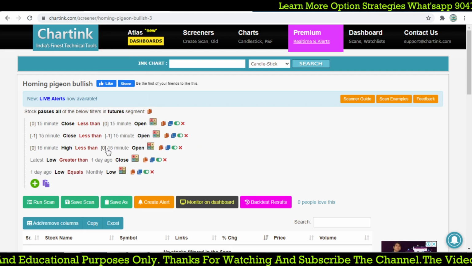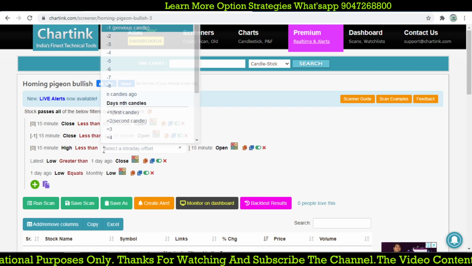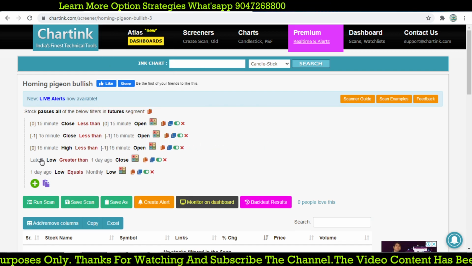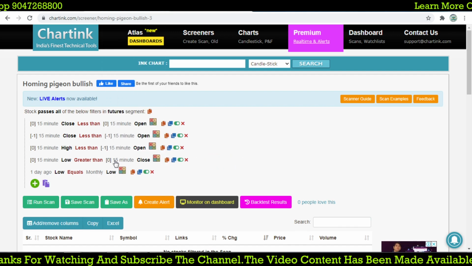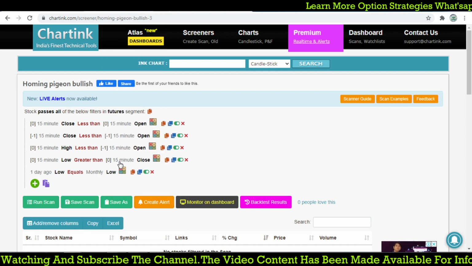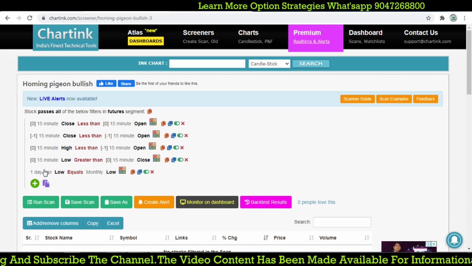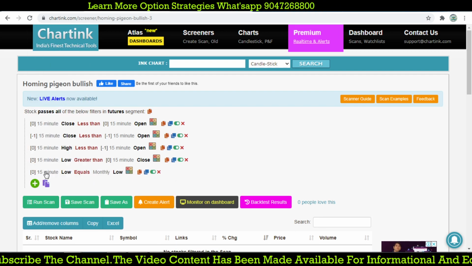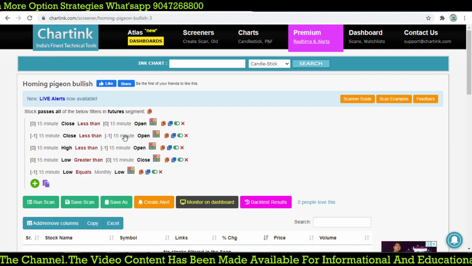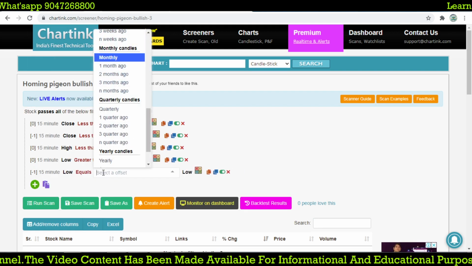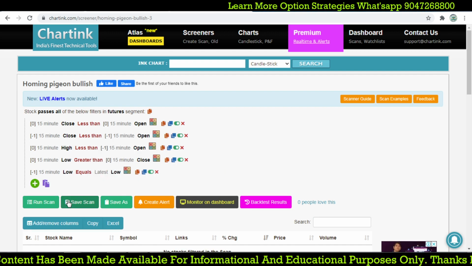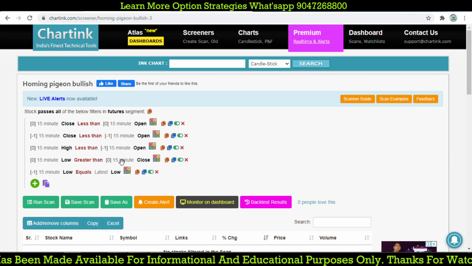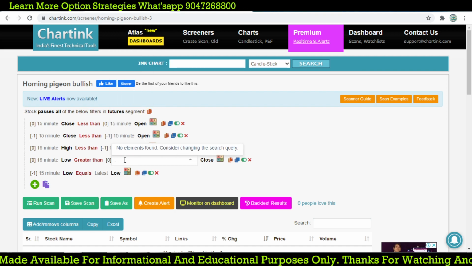That is more power to find this candlestick pattern, and the latest low of 15 minutes is greater than the 1 day ago 15 minutes, and it should be the latest low.